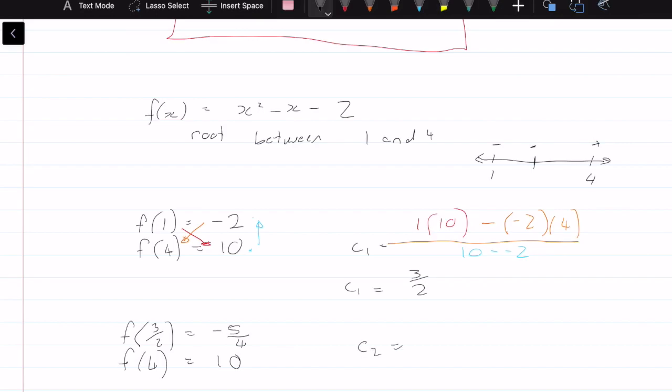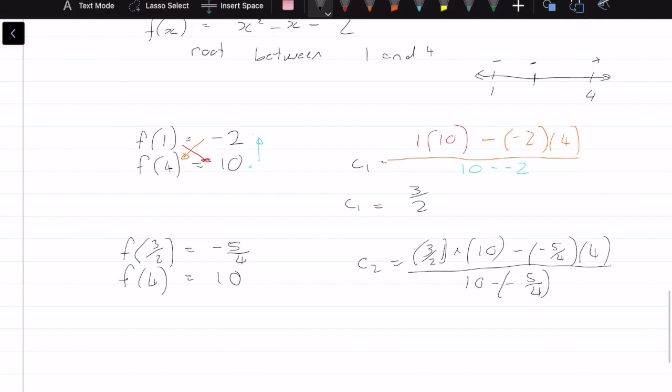So c2, using the same rule, is 3 over 2 times 10, minus 5 over 4 times 4, all over 10 minus 5 over 4. So that becomes a plus. And what we have is c2 is equal to positive 16 over 9.